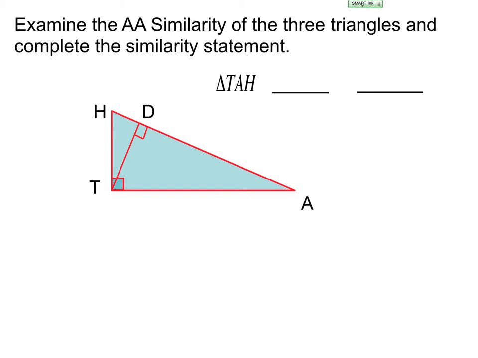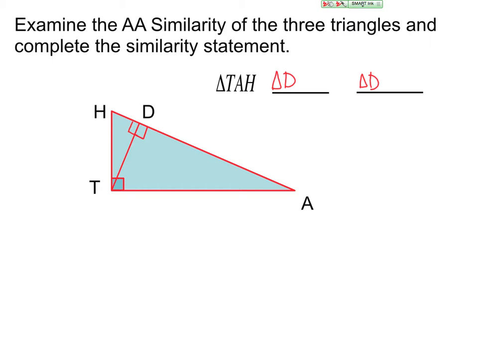So what's the right angle of the middle-sized triangle? D. How about the little triangle? D. So don't these two have to both start with D? Oh, right. Because that's the right angle of those two?